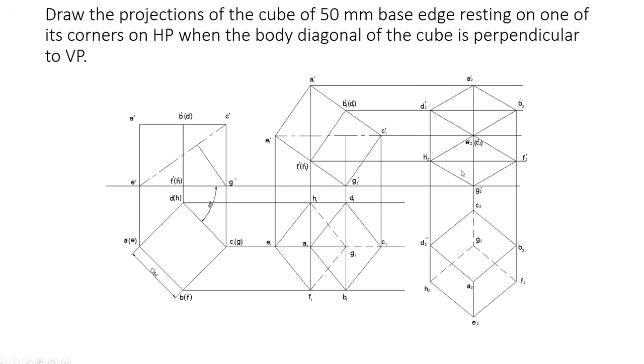So in front view, if you see from here, E and C will be a single point. In that case E is coming first, then C is coming, so E2 dash will be visible and C2 dash will be invisible. So C2 dash we are marking inside bracket.